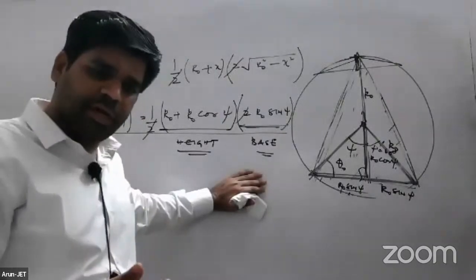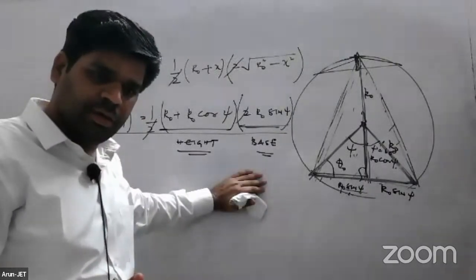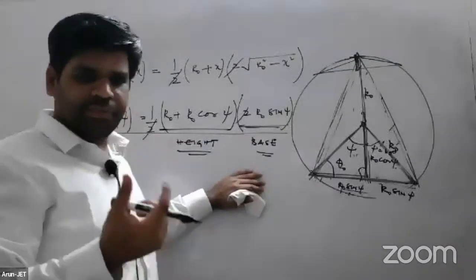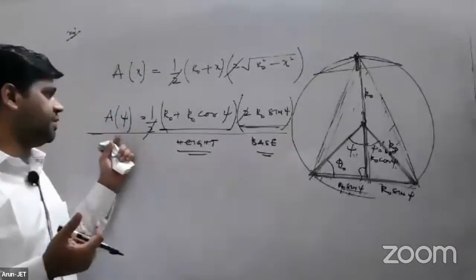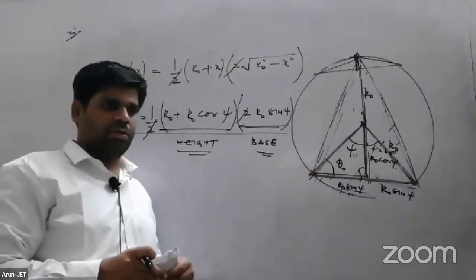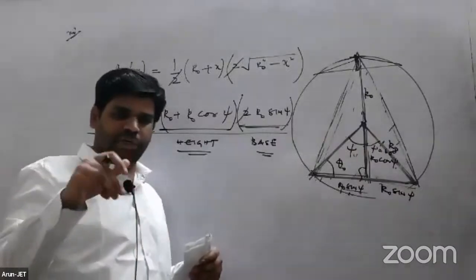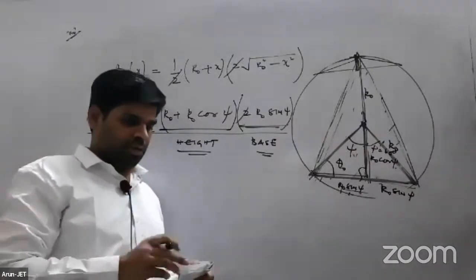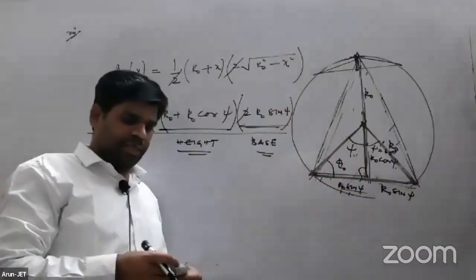Okay, then after simplifying, I got the theta, sir. You need the maximum value, right? Yes, maximum, sir. The value of A I got is 3 root 3 r naught square by 4. Okay, that means root 3 by 2 r naught you got. Yes, sir. Then that's right.